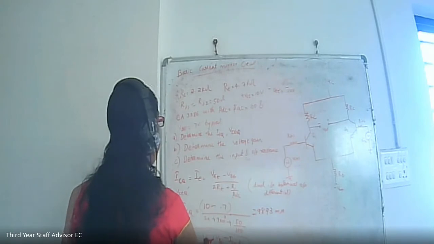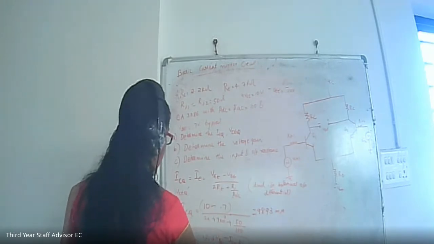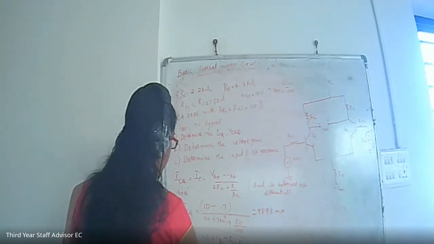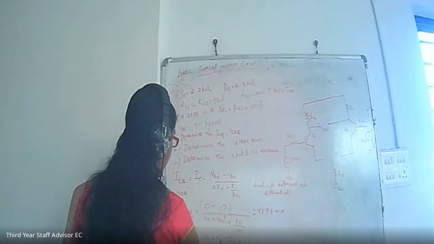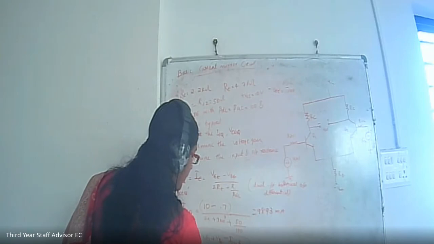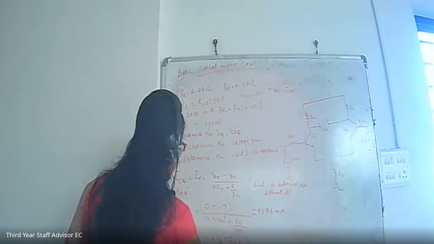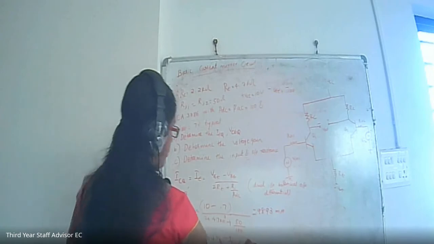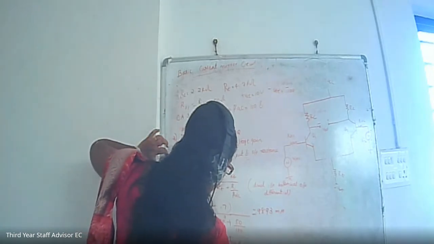So what is the value of VCC? VCC value is equal to 10 volt, plus what is the value of VBE? It is equal to 0.7, and what is the value of ICQ? ICQ we obtained is 0.9893. So you can substitute 0.9893 milliampere into 10 raised to minus 3 into RC. What is the value of RC? RC equal to 2.2 kilo ohm, 2.2 into 10 raised to 3.